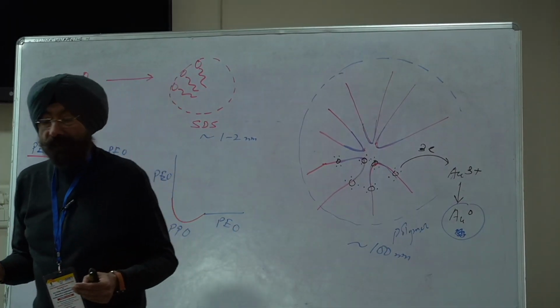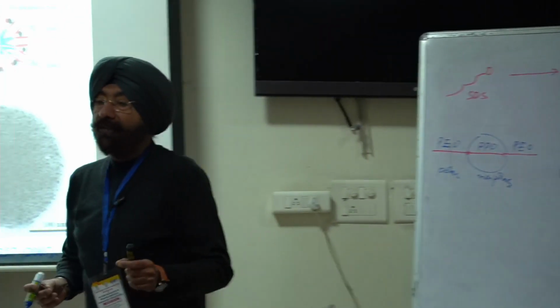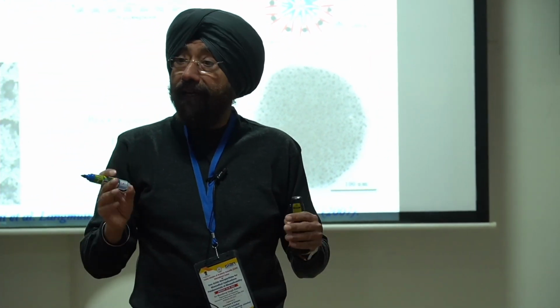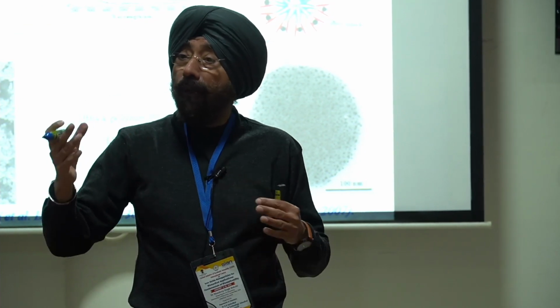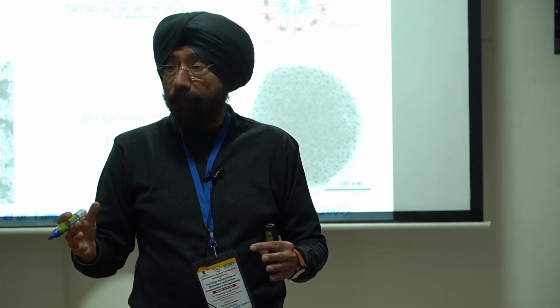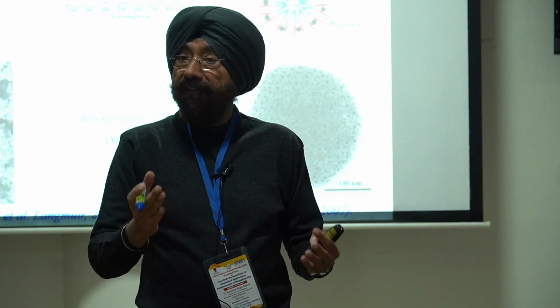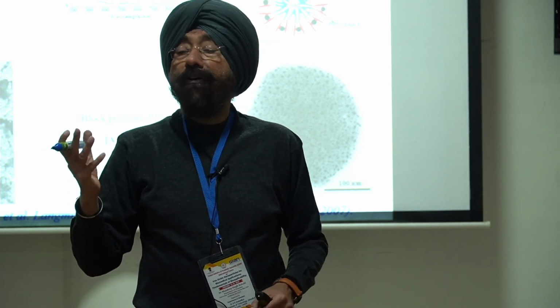Nucleating center, if somebody asks you, the nucleating center is the first few entities that, when they grow into a full-fledged nanoparticle, usually possess few atoms, maybe 50 atoms, 100 atoms, or a few hundred atoms. That is a nucleating center.